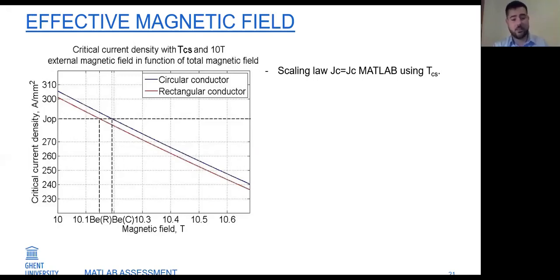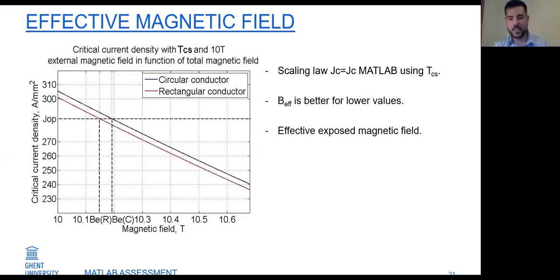And we see that for 10 Tesla, there is a higher critical current density in the MATLAB assessment. So at the same position and at the same critical current density, we found two effective magnetic fields.